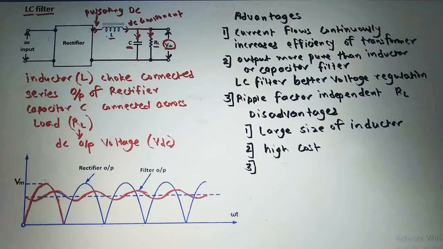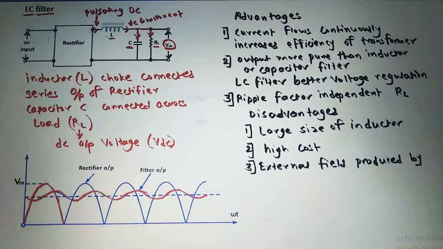The third disadvantage of the LC filter is the external field. The external field is produced by the inductor. So this is the third disadvantage of the LC filter. So these are the disadvantages of LC filter.